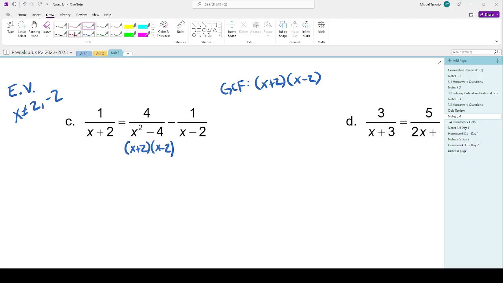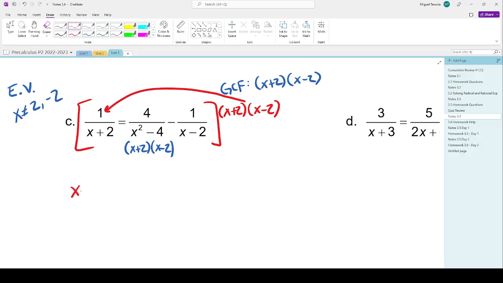So we're going to multiply everything by the GCF. So we're going to multiply everything by x plus 2 times x minus 2. So again, if you recognize the pattern, multiply this here. You'll notice the x plus 2 is reduced, so I'm only left with x minus 2 equals the next term. I multiply the GCF to, reduces both of my GCF terms, so I'm going to be left with just the 4.